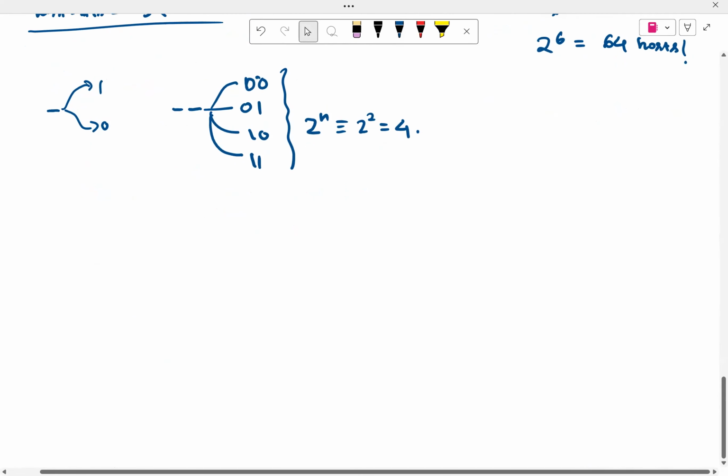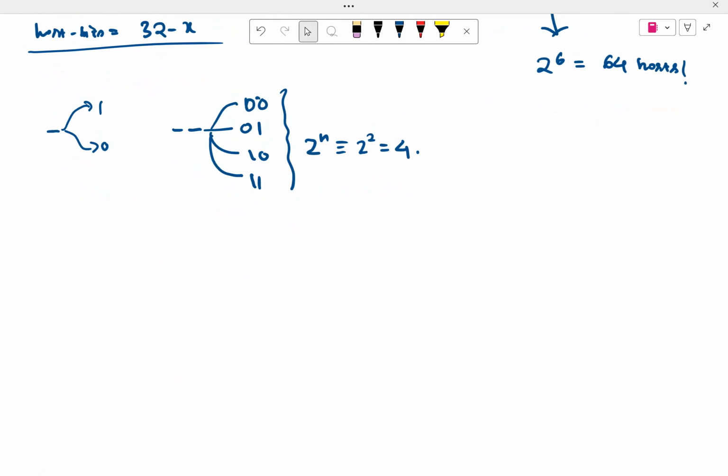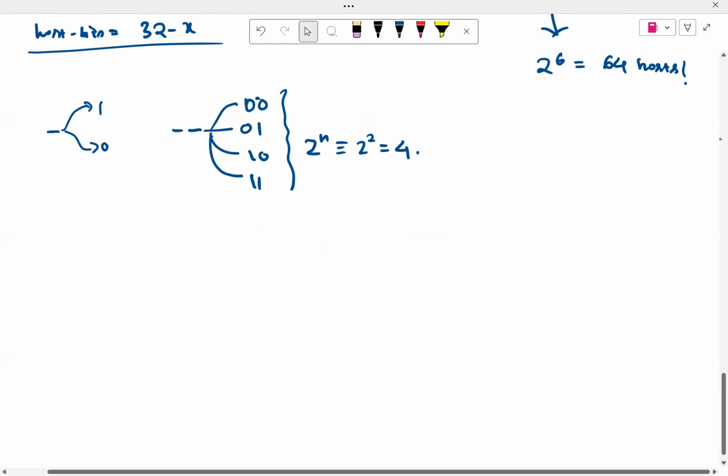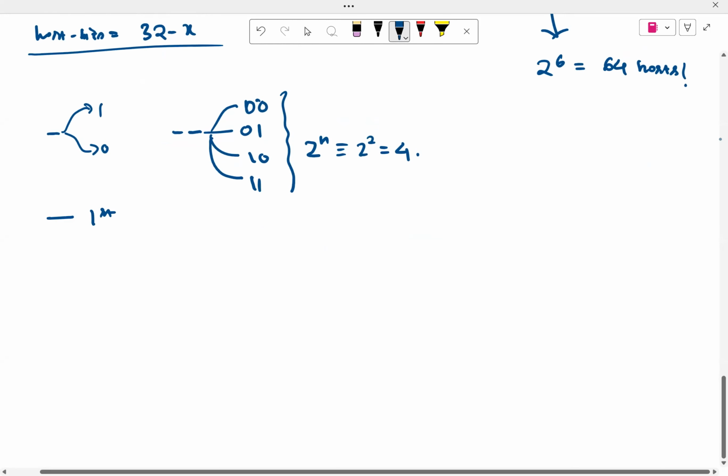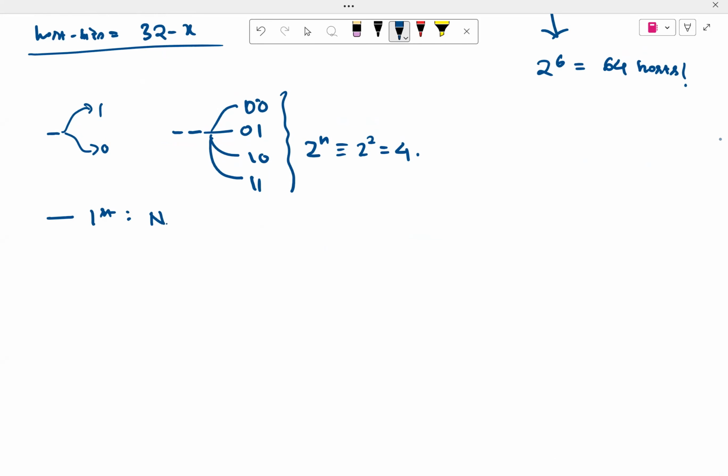Then the question is, what is the usable number of hosts? The first ID in the network is used for the network ID, and the last is used for the broadcast address.